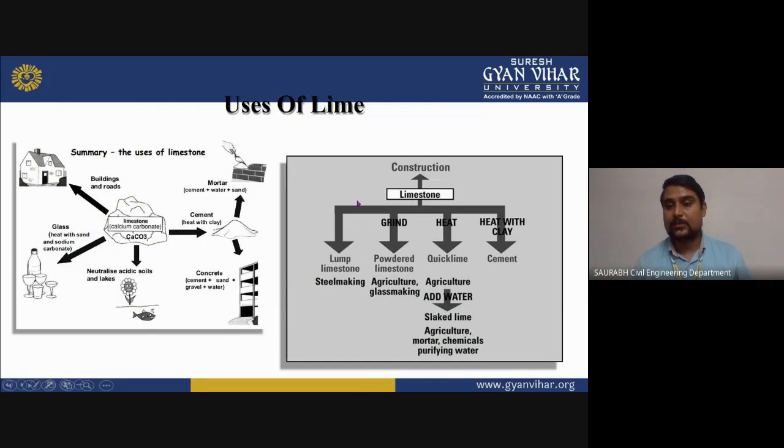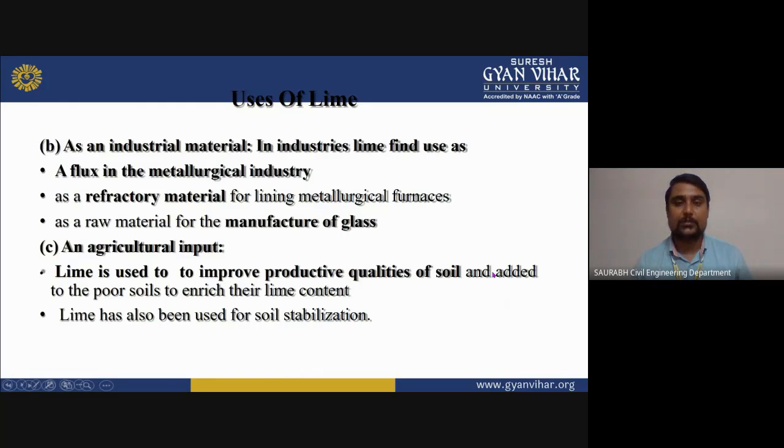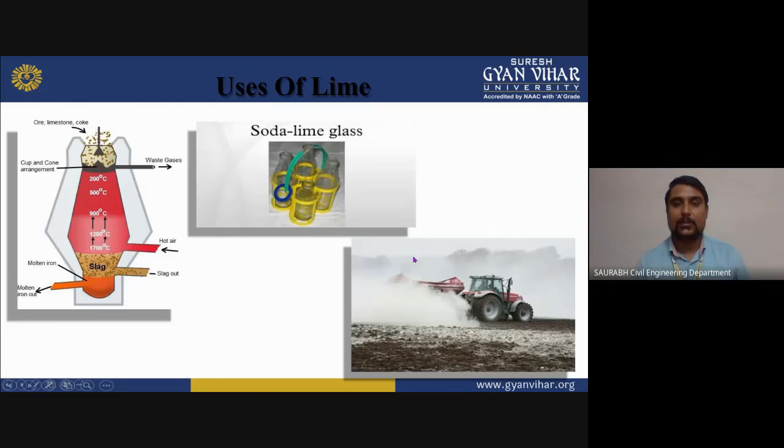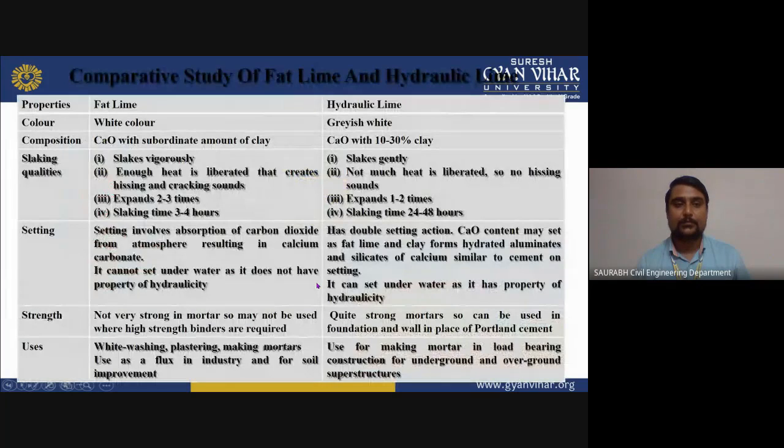In the construction of lime load, lumps of limestone, powdered limestone, quicklime, and cement are available in the form of limestones. As an industrial material, lime finds use as a flux in the metallurgy industry and factories, and in agriculture it can also be used. And you can see there is the use of lime.